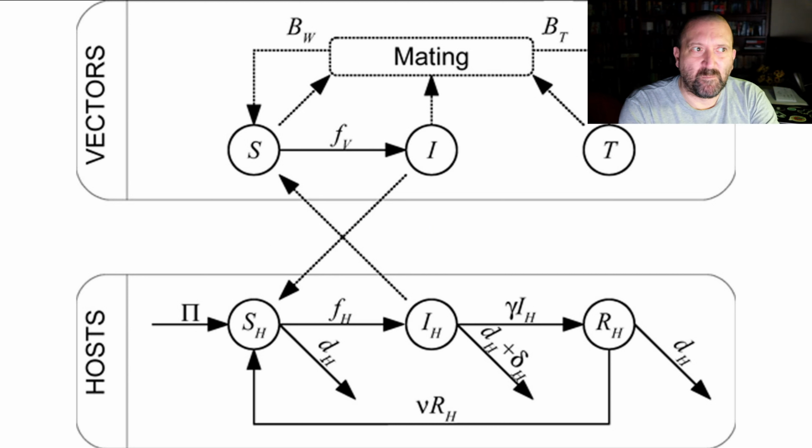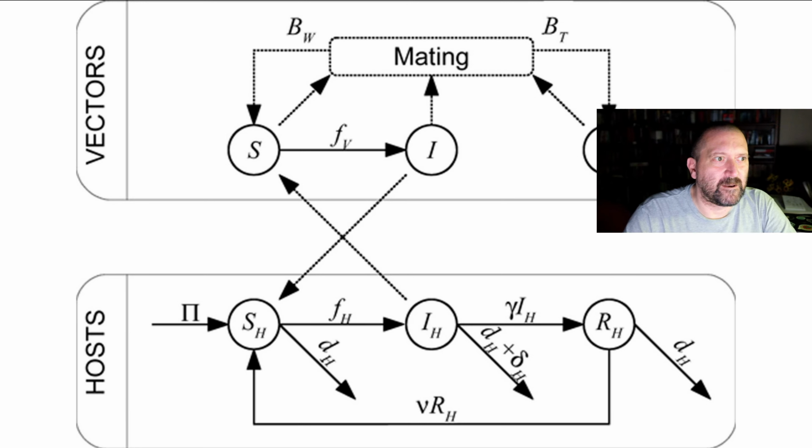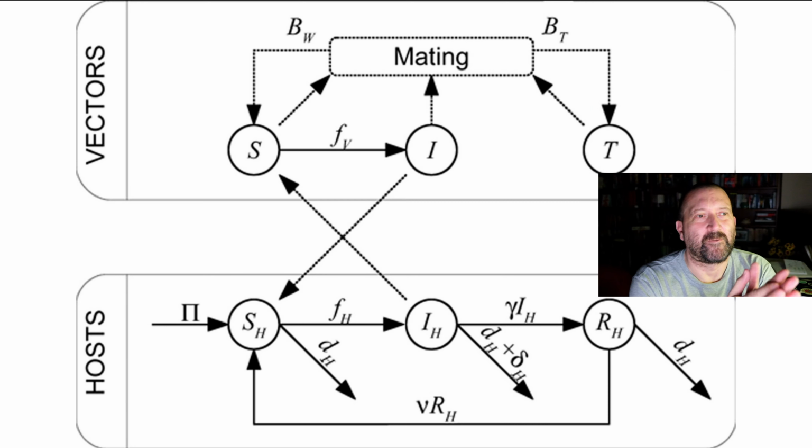Now, the model that I'll be considering is the following. This is a vector host model, a very classic vector host model in some respects, and quite different in other respects. So let me explain the context.